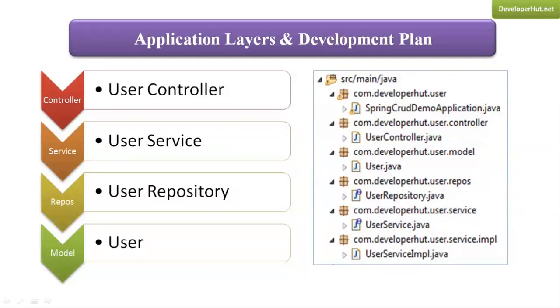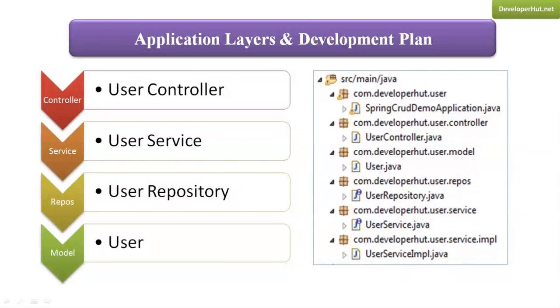It is responsible for routing the actual response, whether the application should send the response in JSON format or XML format, or maybe map that response to a JSP and then send it back. This kind of operation is performed by the controller layer.